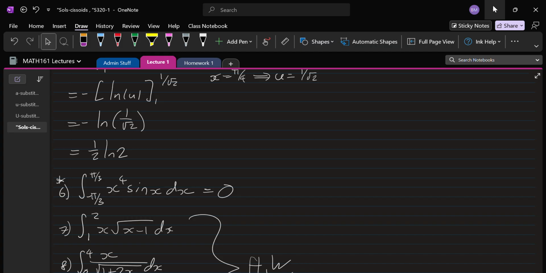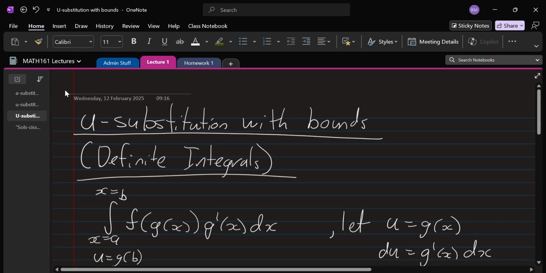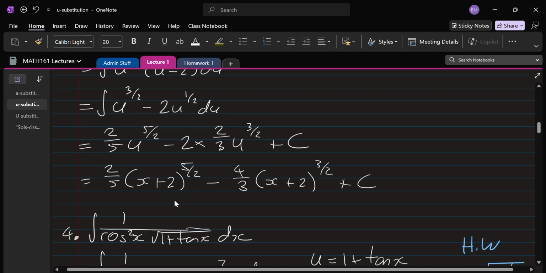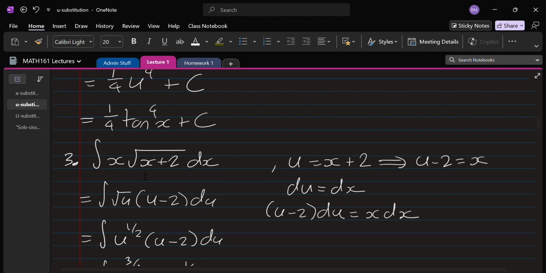The quiz for next week, Monday, the first bit of the quiz on the MCQ stuff will be U substitution. So you're going to have 10 integrals, 15 possible U substitutions. You need to match them up.